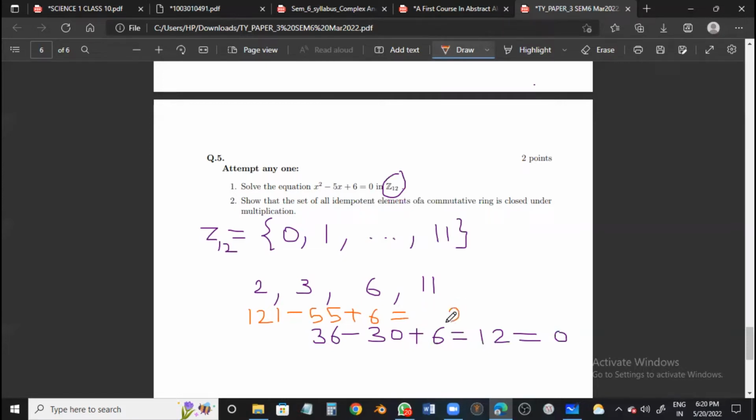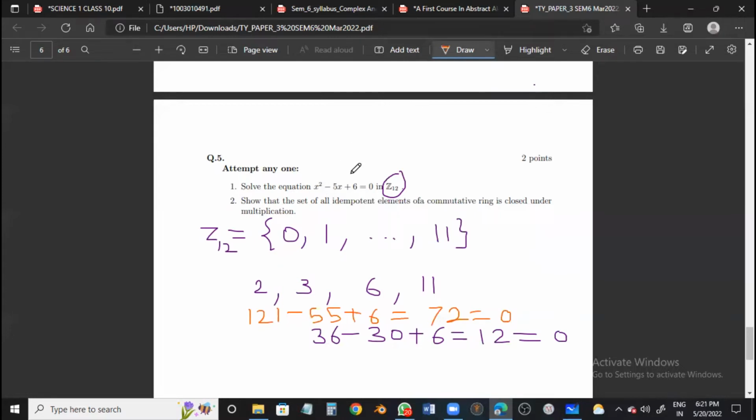So 72. 72 is divisible by 12. So the answer is 0. Do you agree all? I hope you are getting me.